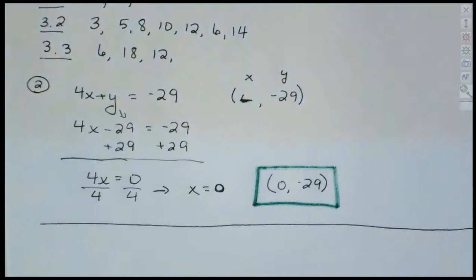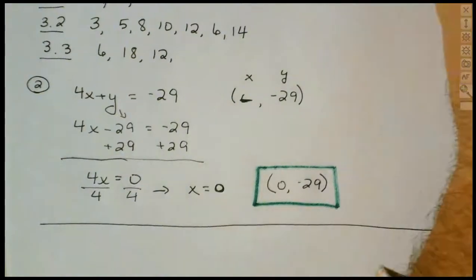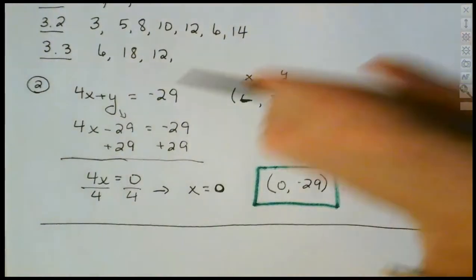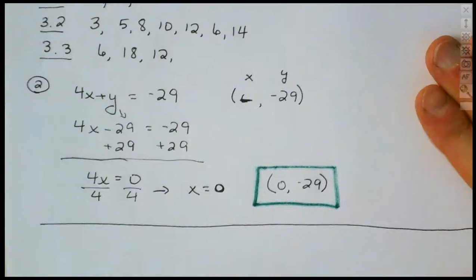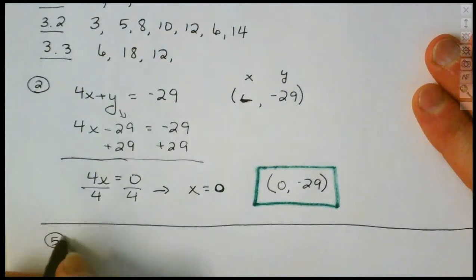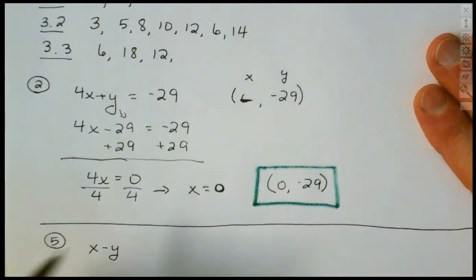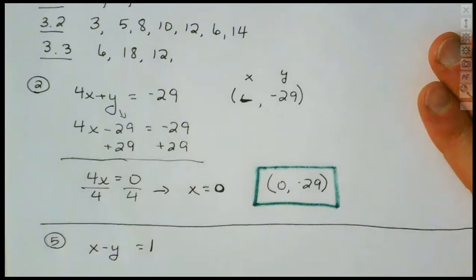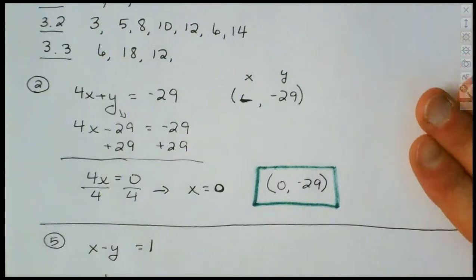Question 5, we need to complete this table, and then use this table to graph the line. So we have this equation on 5, x minus y equals 1. And we've got a table of values. And we've got all of our y values listed.